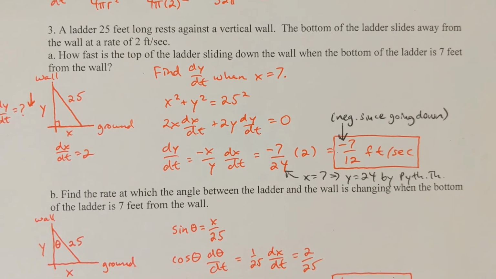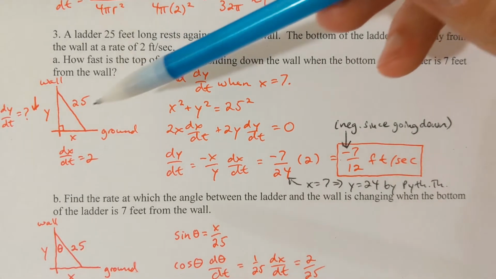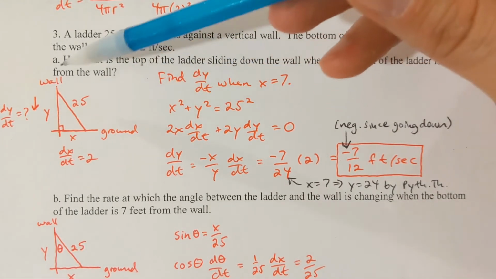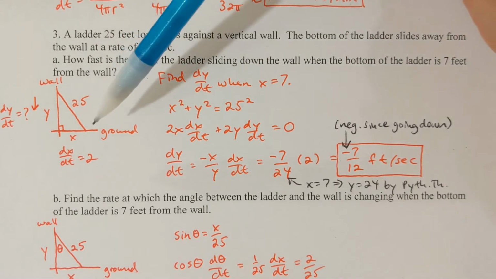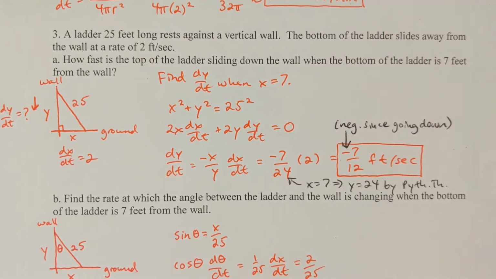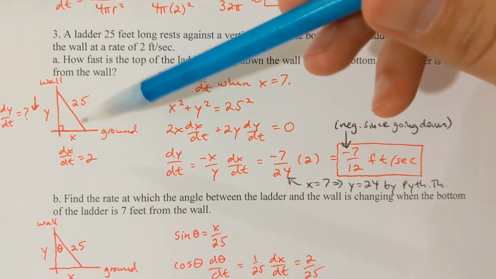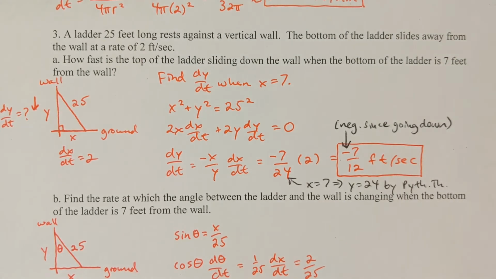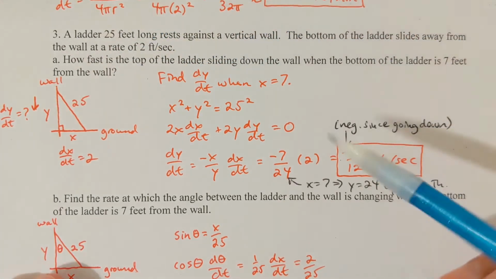Okay, let's draw a picture of what's going on here. So I have the ground and then the wall, and then there's a 25-foot ladder leaning against the wall there. It's a vertical wall, right? So I'm going to be working with a right angle, and I've formed a right triangle here. I'm going to call the distance from the wall to the base of the ladder x, and I'll call the distance from the ground to the top of the ladder y.